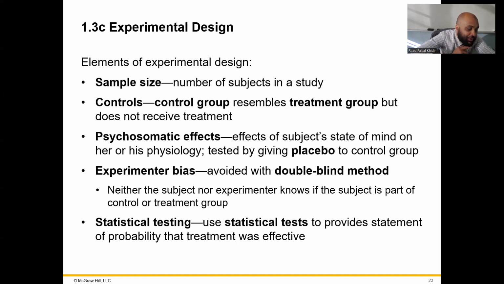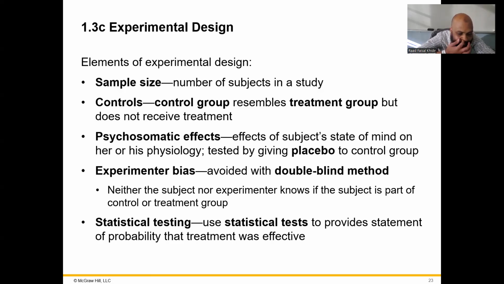And the person who's doing the test shouldn't know. So we call that double blind. I'm running the experiment. I don't know which group is control, which group is placebo. And the participants don't know if they are placebo or treatment.